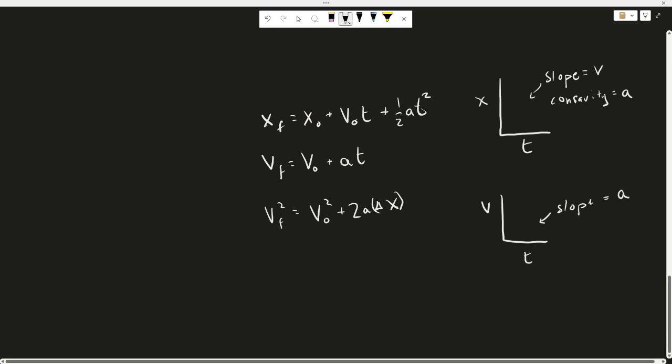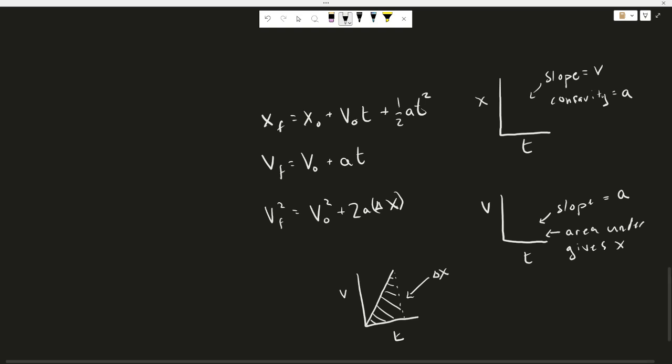Something very interesting is that the area under the graph gives our x. So if I have a v versus t graph that looks like this, the area of this triangle here can tell me my change in position.